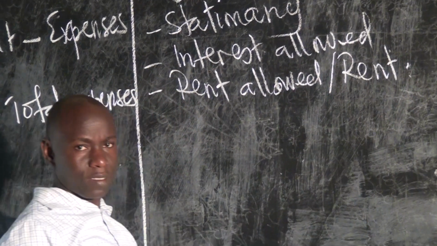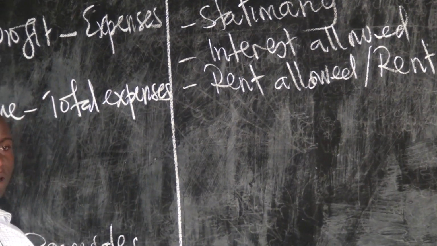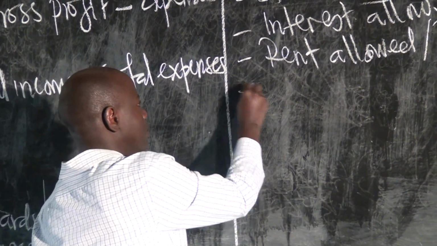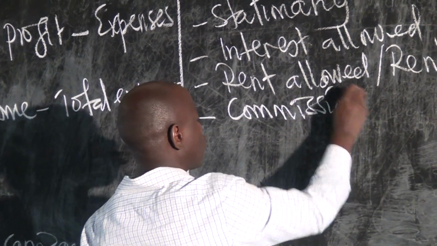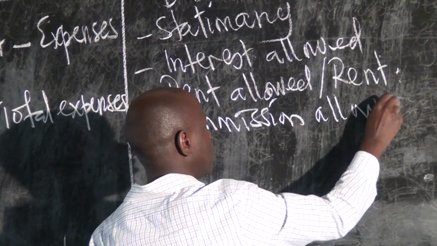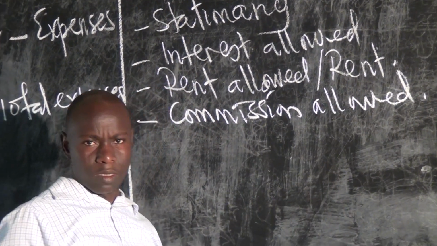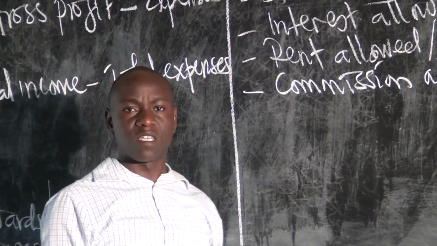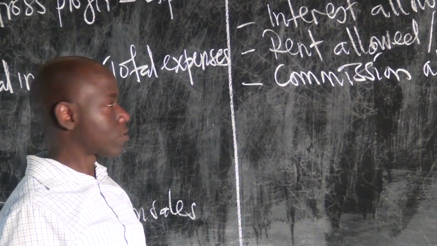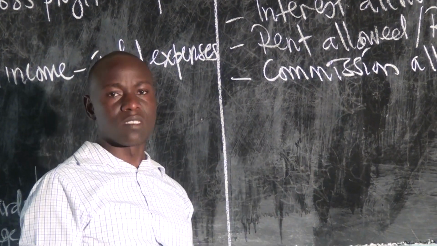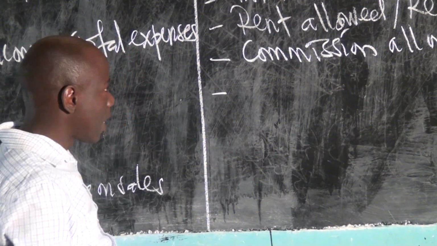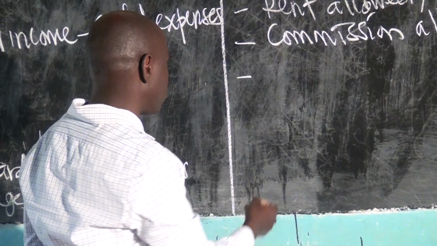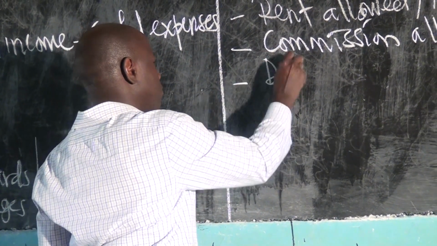It is another expense to the business. We have commission. The commission the business, for example, gives to the salespersons is an expense to the business. We may talk about depreciation.